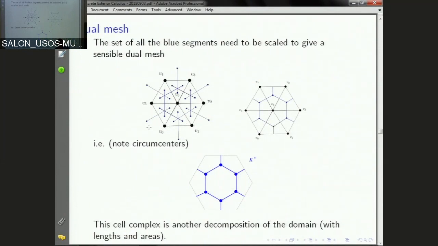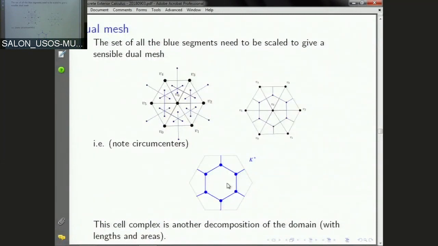Now I have these edges inside that are kind of crossing. They are meeting at a point, but they are going too far. What do I do to get a nice object like the one on the right, like this one? Well, I scale them down. If I scale them down, then what I get is this cell complex.